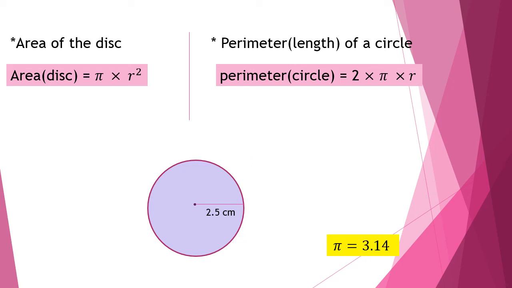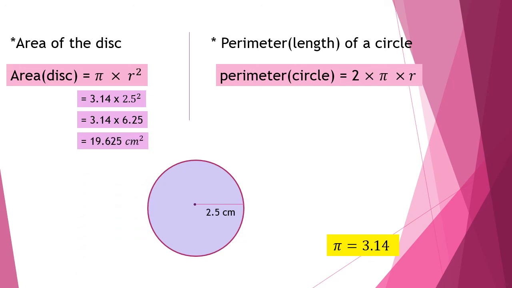So to solve the area, we put 3.14 times 2.5 squared, because the radius is 2.5 and pi is 3.14. So 3.14 times 6.25, because 2.5 times 2.5 equals 6.25.